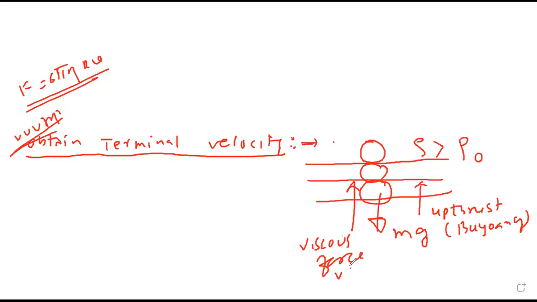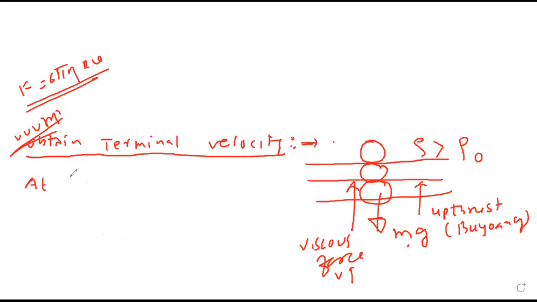So velocity goes on increasing. A stage will be reached when the upward force balances the downward weight, then the net force becomes zero and the body moves with constant velocity. That constant velocity is called terminal velocity.